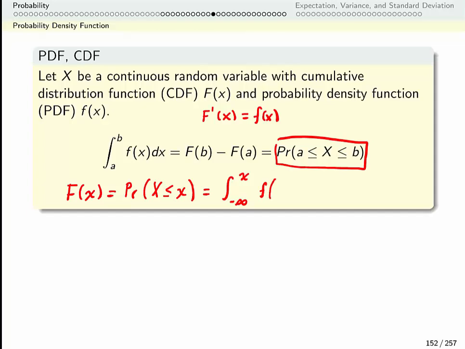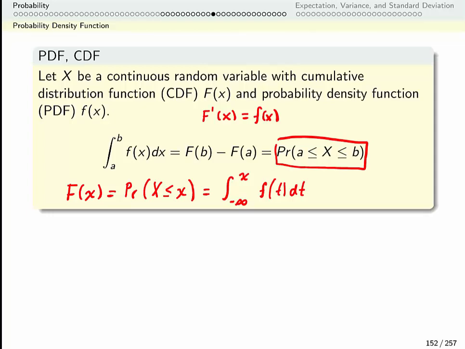So I need to come up with a new variable, t. So I want the area under my curve for all numbers less than or equal to x. Well, that's from negative infinity to x. So if you have a cumulative distribution function, you differentiate it to find the probability density function. If you have a probability density function, you take this improper integral to get the cumulative distribution function.